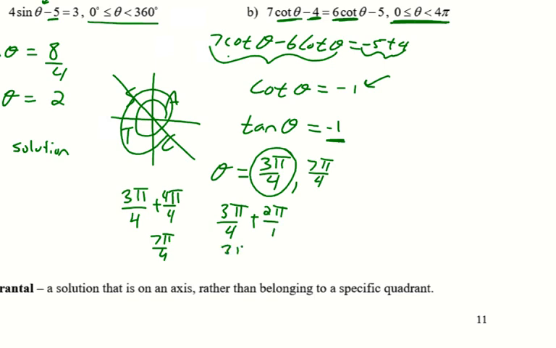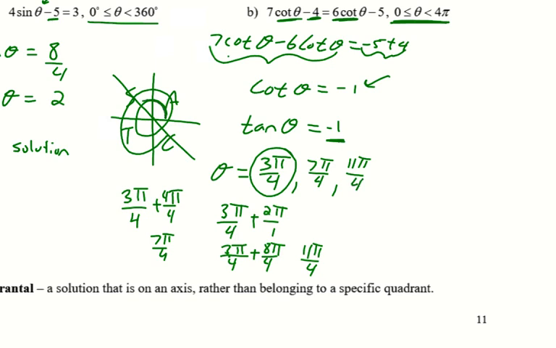So I could call this 8 pi over 4, right? So that ends up being 11 pi over 4. That would be our next answer, 11 pi over 4.